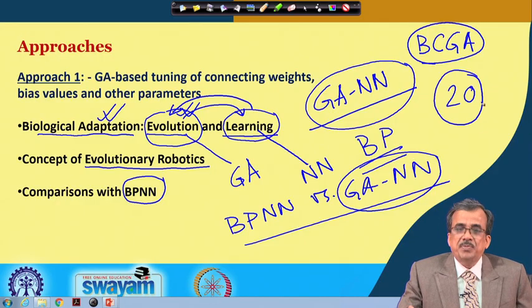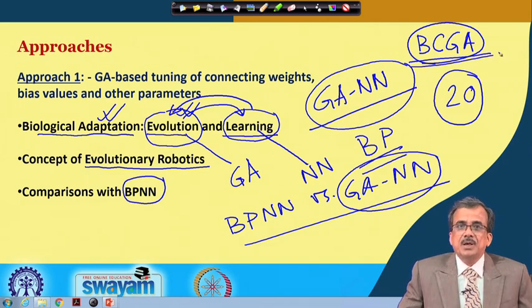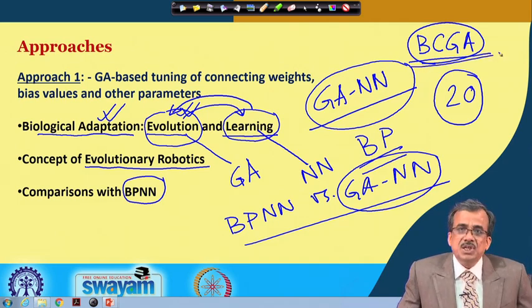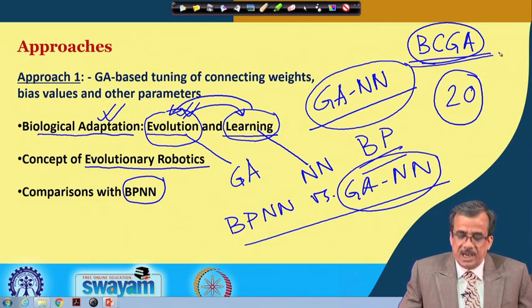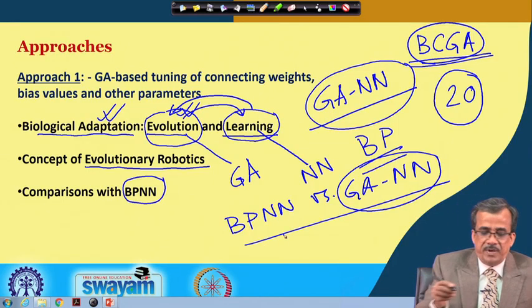The variables could be the connecting weights, bias values, the coefficient of transfer function and all such things. If I use the binary coded GA, to represent each of these variables I will have to use a number of bits. Let me assume that I use, say, 10 bits to represent each variable.